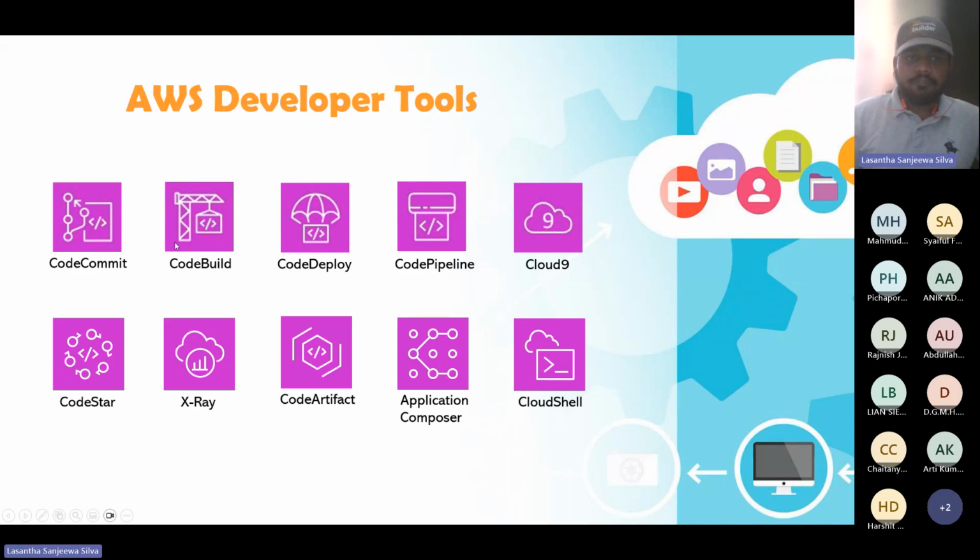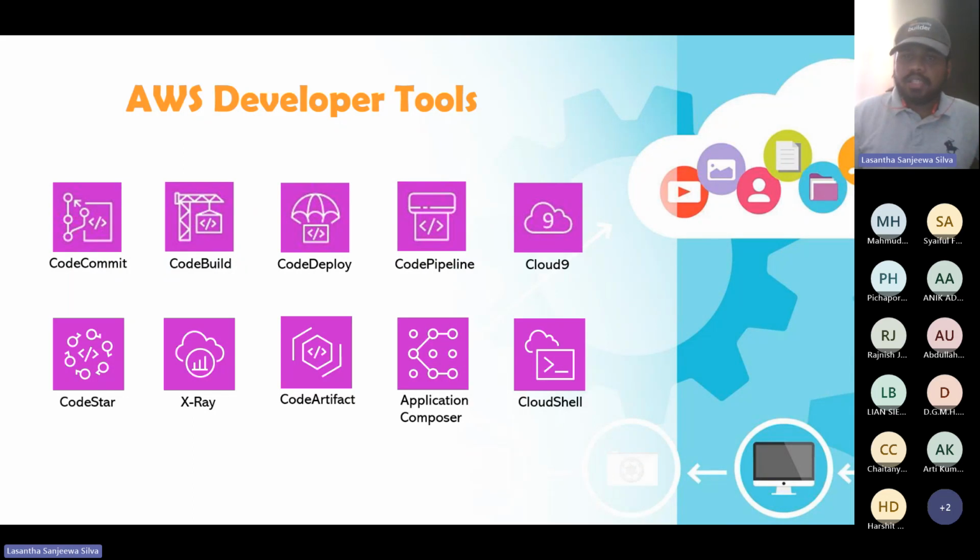Next, CodeBuild. It's a build service, similar to Jenkins CI, that compiles source code, runs tests, and produces deployable artifacts. Everything scales automatically and can be used in conjunction with other AWS services.